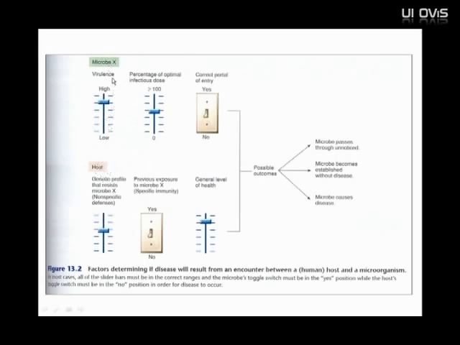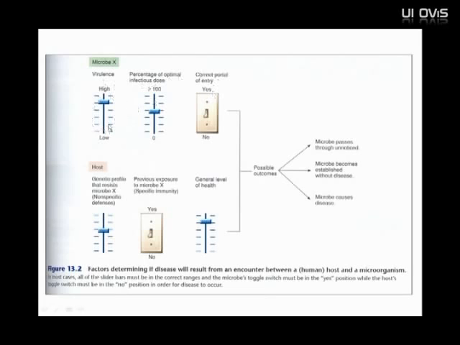There are three components of the microbe which influence whether the microbes will produce the disease or not. First is the virulence factor, the optimal infectious dose, and the correct portal of entry.